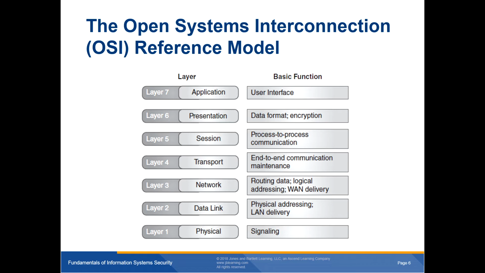One very important feature of the network layer, covered later in this chapter, is logical addressing. In TCP/IP networking, logical addressing takes the familiar form of IP addresses. Layer 2, the data link layer, is where physical addressing and local area network delivery occurs. This layer is responsible for transmitting information on computers connected to the same local area network. The data link layer uses media access control, or MAC addresses.